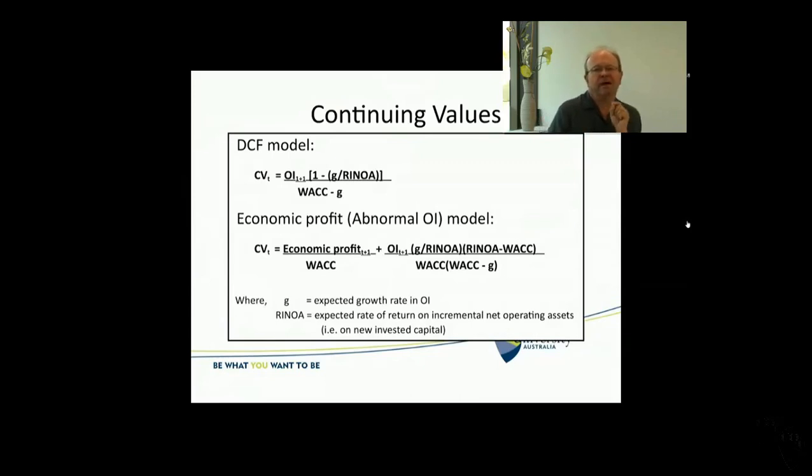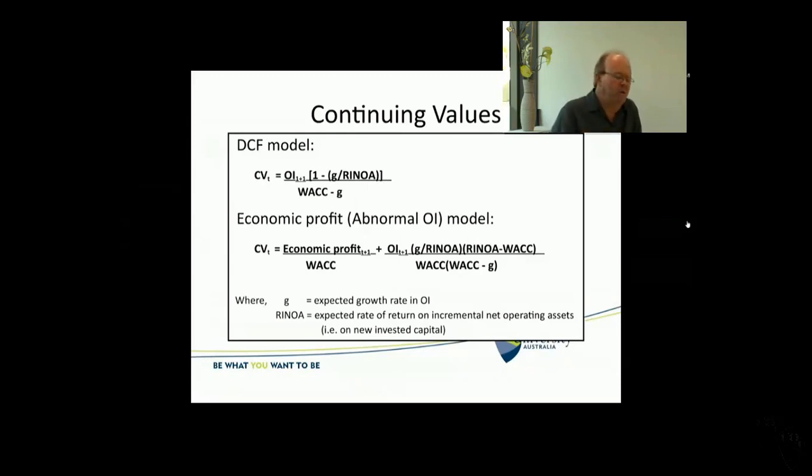You can see these are the continuing values we'll be using in our spreadsheet. They're provided to you, and these are perpetuities that we'll be making some assumptions around, and they can be perpetuities with some growth. So you can see the DCF model, the continuing value CV at T, at the end of our forecasting period, equals the operating income in 1 plus T, the next year, times 1 minus G divided by RINOA, divided by weighted average cost minus G. And G is the expected growth rate in operating income.